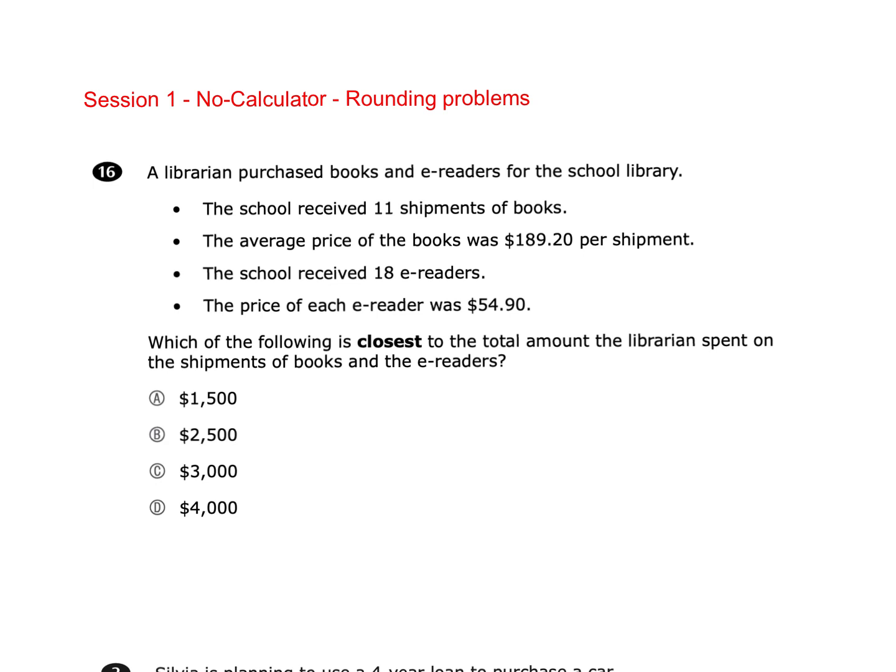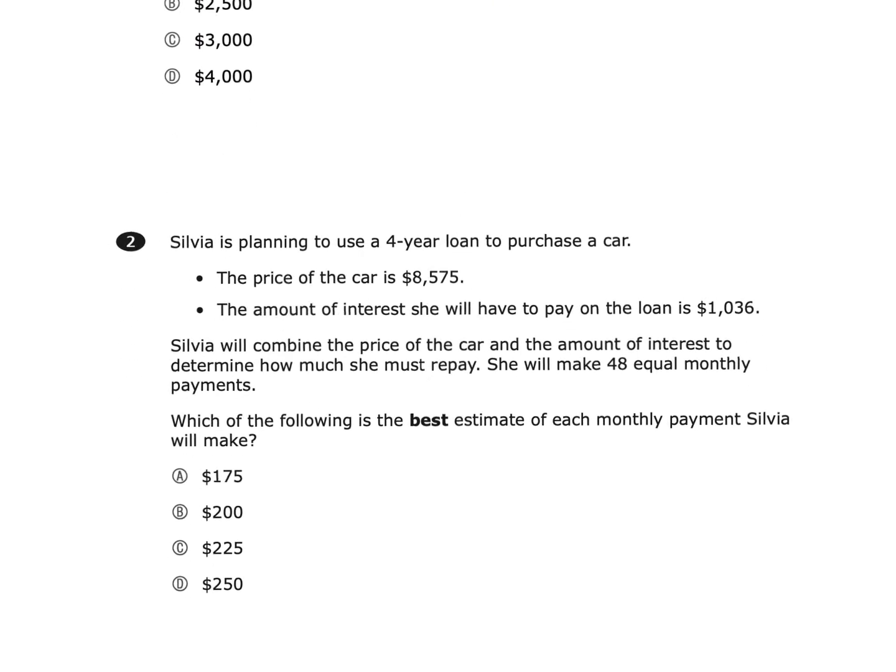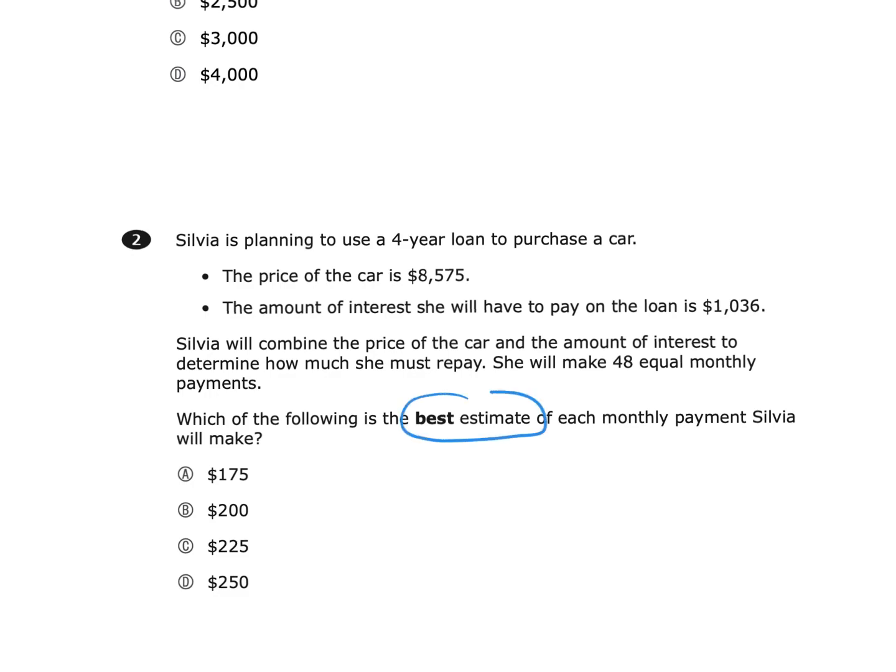So what I'm going to do in these next couple problems is show you how you can calculate the answers to some of these problems without having to do too much work. And the key word to these problems is that you'll see the word closest. This problem down here says best estimate.